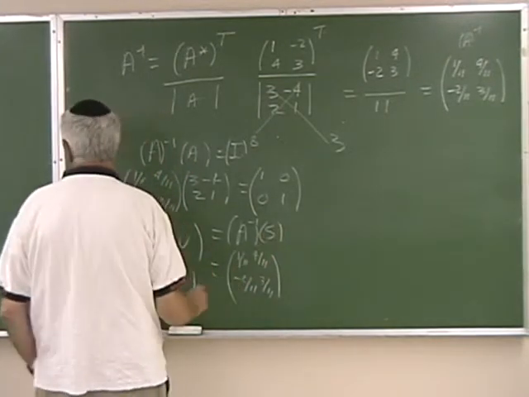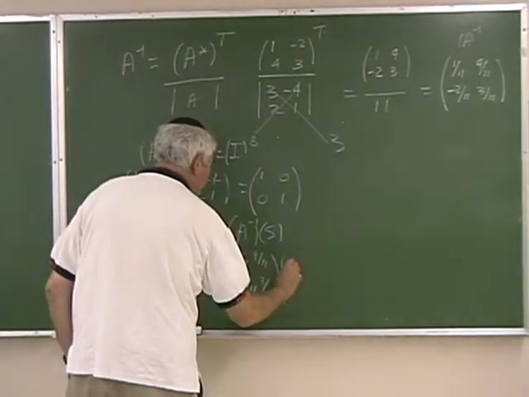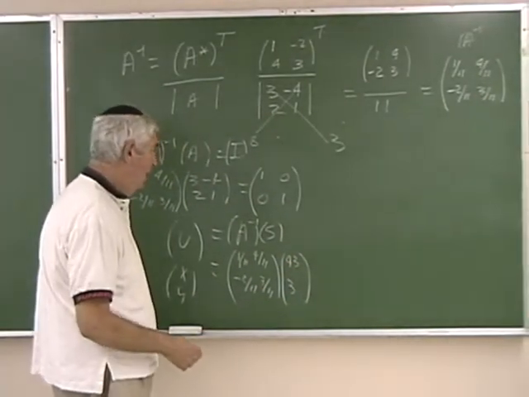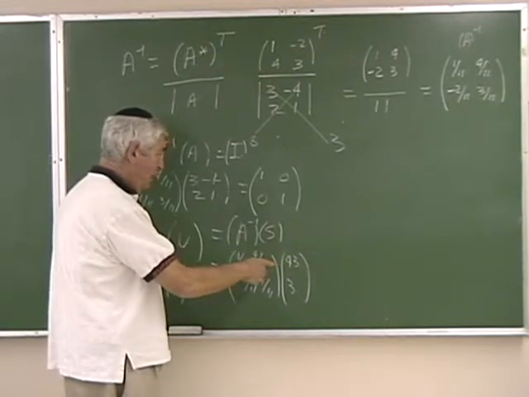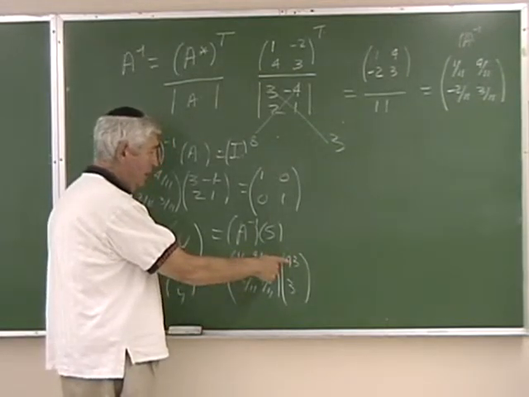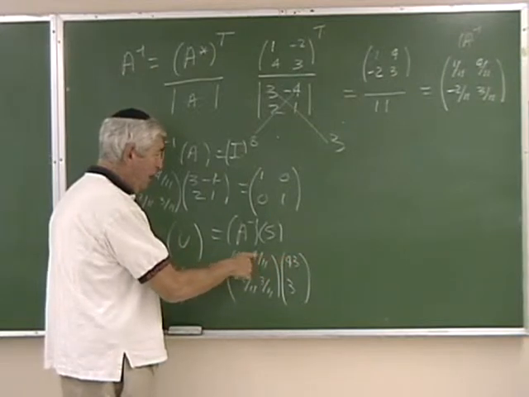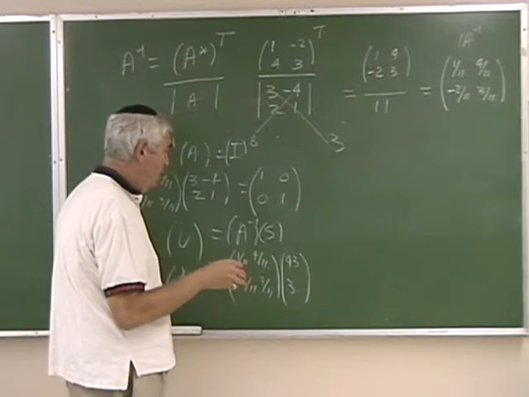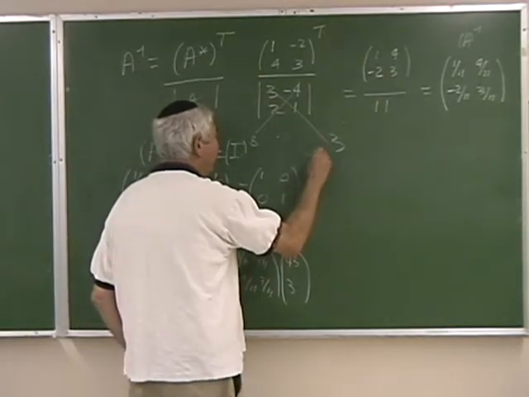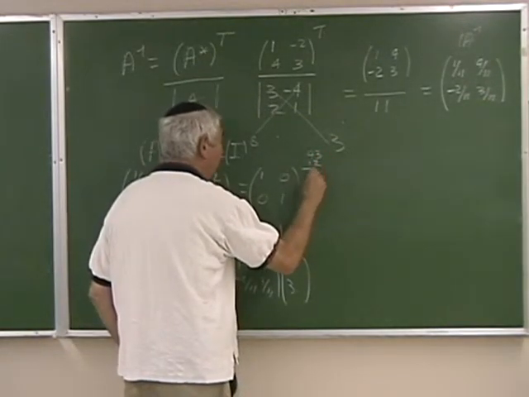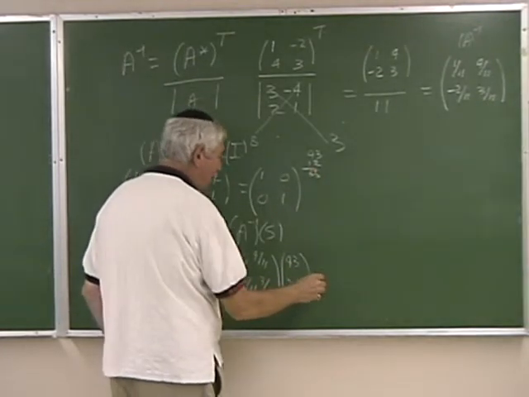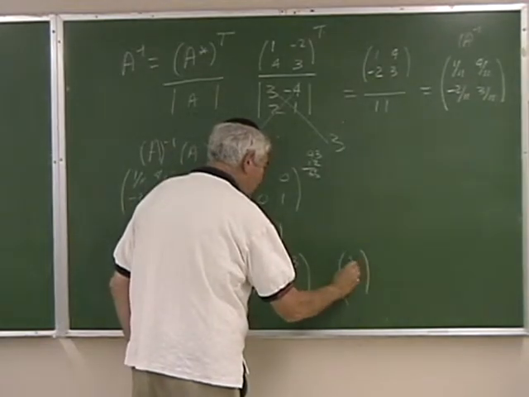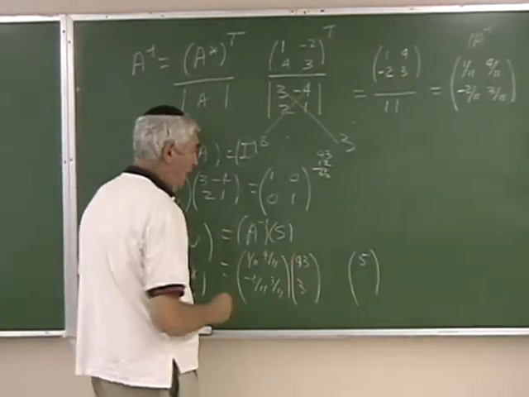And the solution matrix is 43 and 3. Okay, so it's this times this. 1 times 43 is 43, and 4 times 3 is 12. So 43 plus 12 is 55, and 55 divided by 11 is 5. So x is equal to 5.